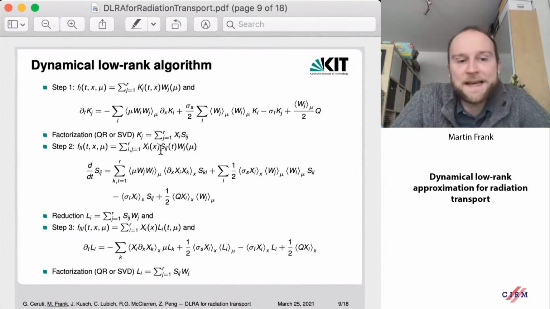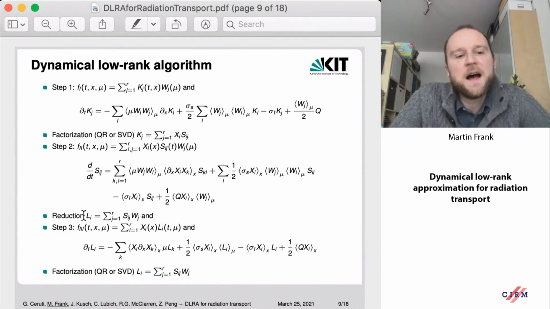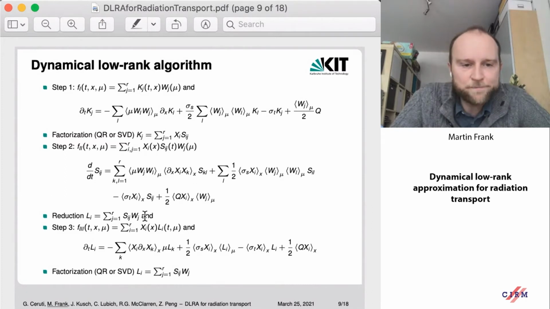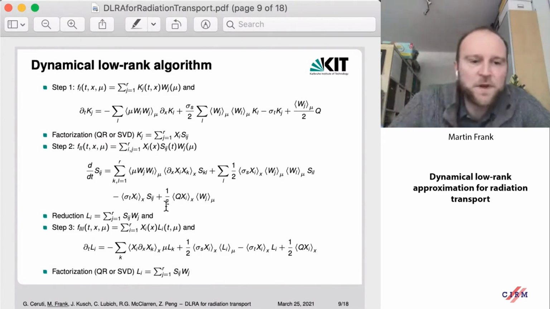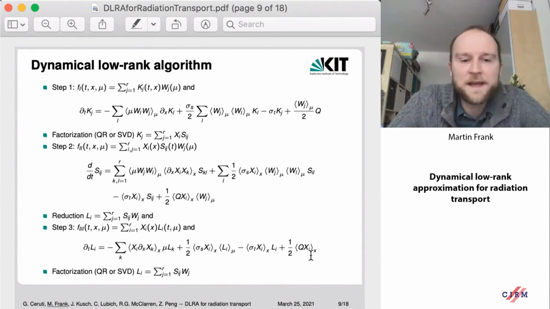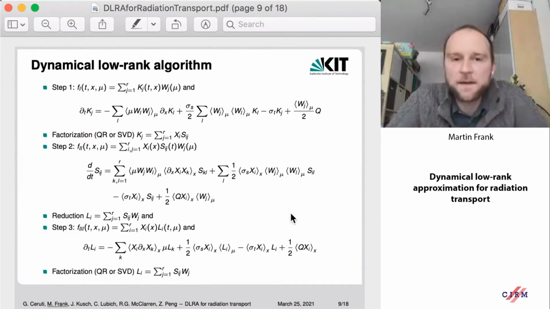Then I propagate S, and I get just an ordinary differential equation for S, which is r by r. I form what I call L, which is S times V transpose, I propagate the L, and then I do an SVD again to extract the separate factors.